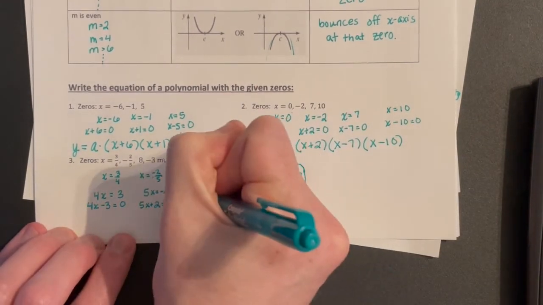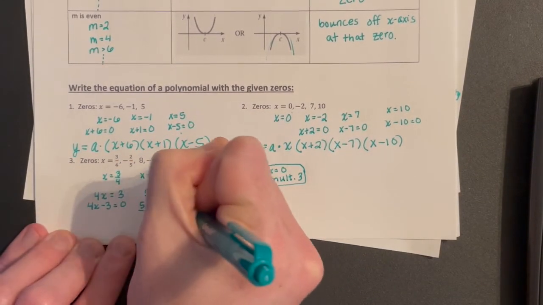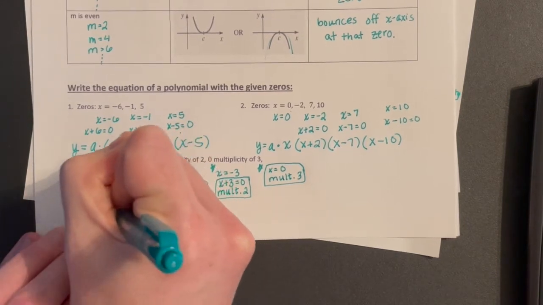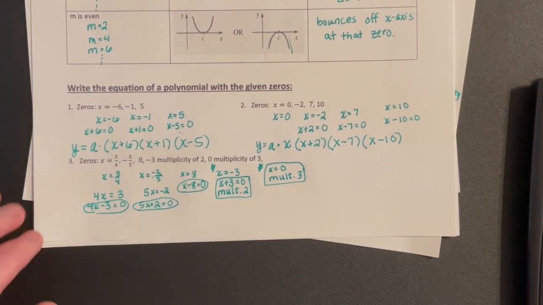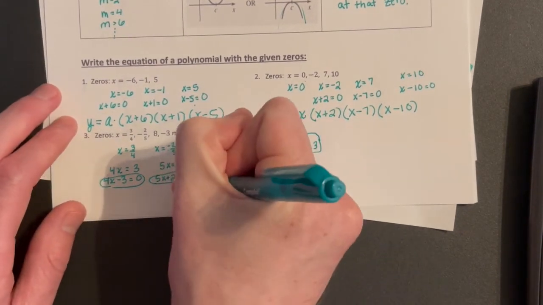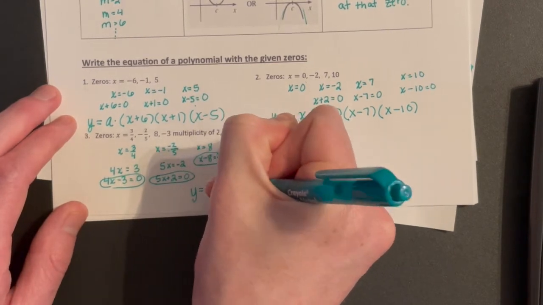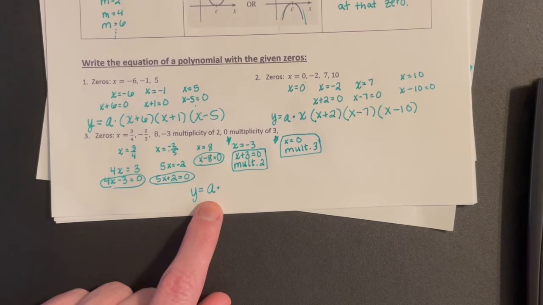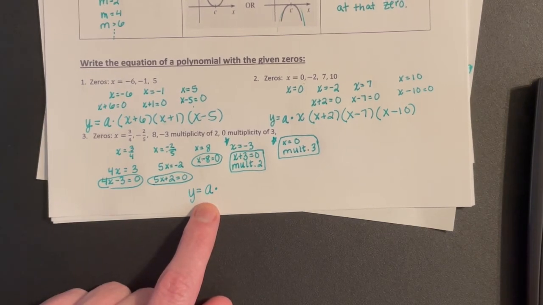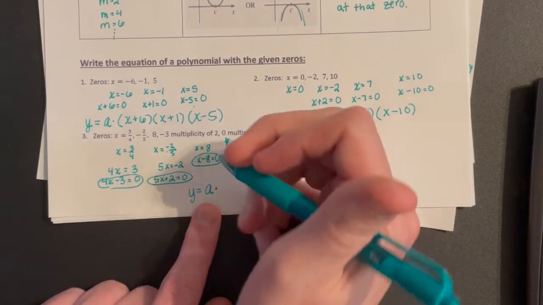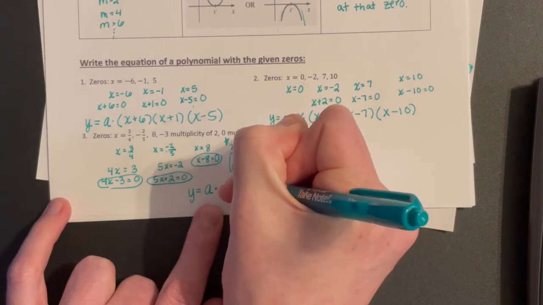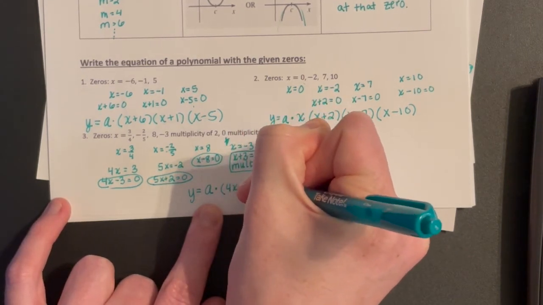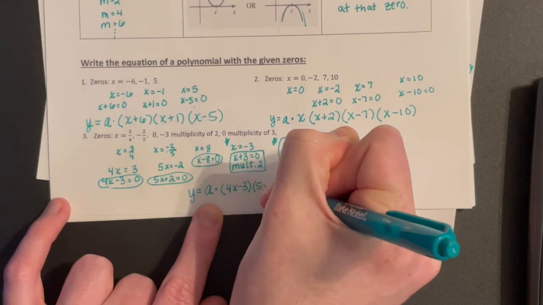So I'm going to take each of these factors and write it out in factored form. Remember, we have a value here that could be a vertical stretch or shrink. It doesn't matter exactly what factor we start with, but I'm going to show you why you'll probably never see it written this way exactly.